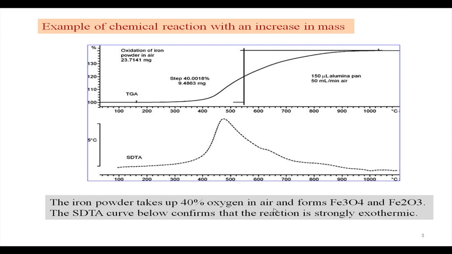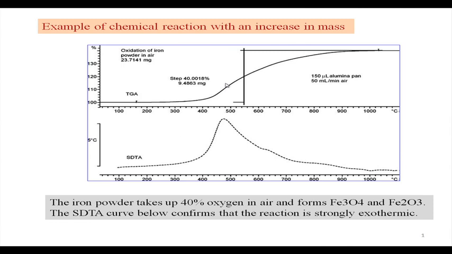So, this 40% weight gain at this particular time, that means around say 800 to 900 and up to 1000 degree centigrade, is due to the formation of both. And if we know the typical formula, we can find out from this particular transformation the amount of Fe2O3 and the amount of Fe3O4 formation. The derivative plot is also showing this, because we will see in this class or in the next class what is known as differential thermal analysis.